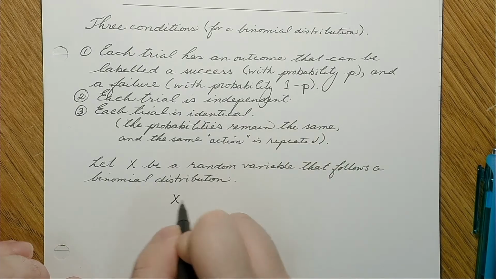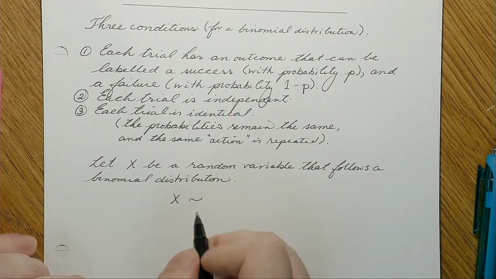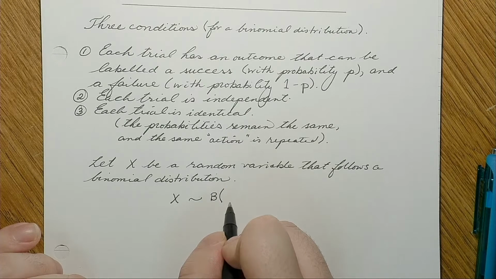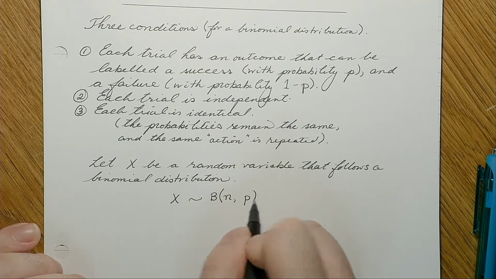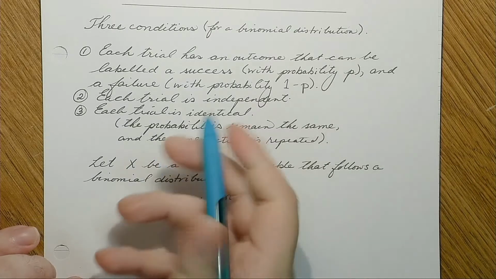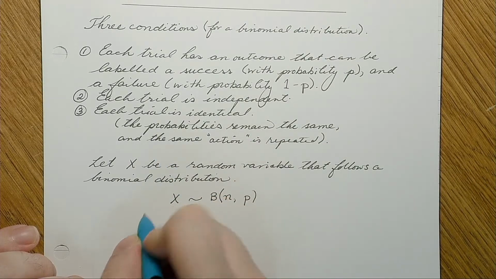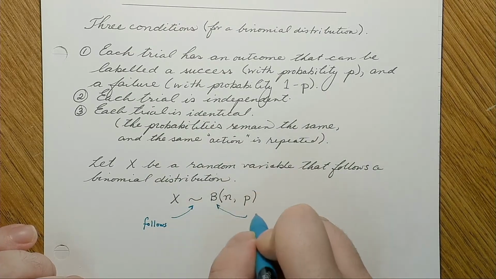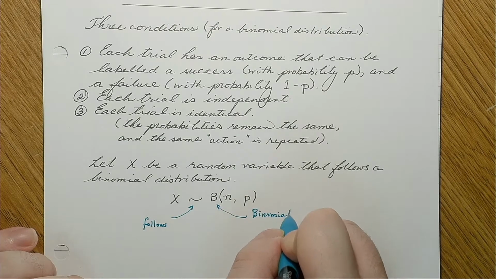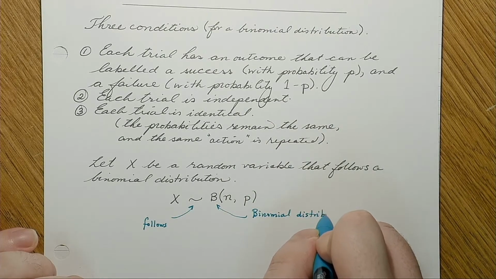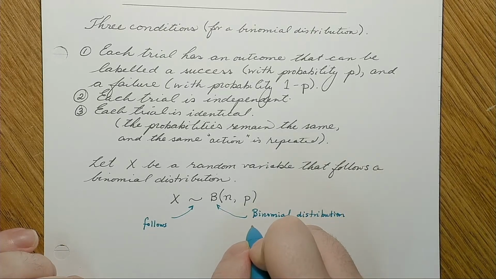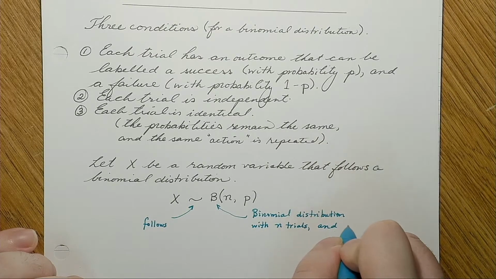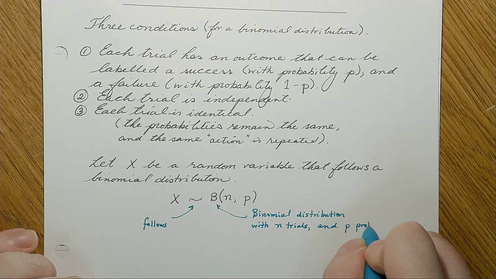We can say that x, we use a tilde, which means it follows, and we'll use B, and there are two parameters in this, n and p. Let me annotate that over here. That means follows, and this would be a binomial distribution with n trials and p probability of success.